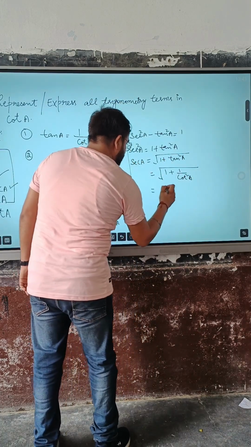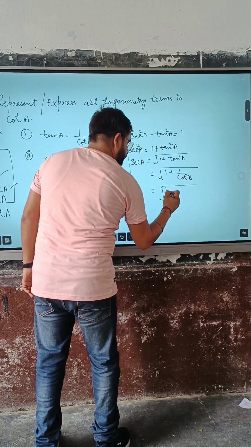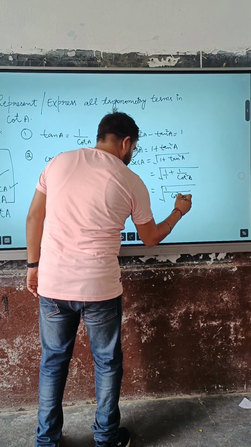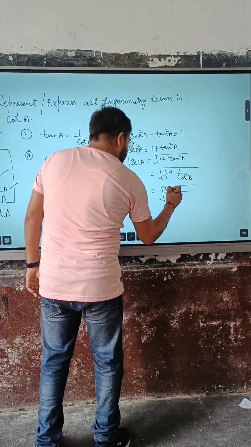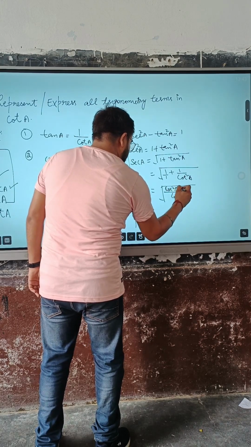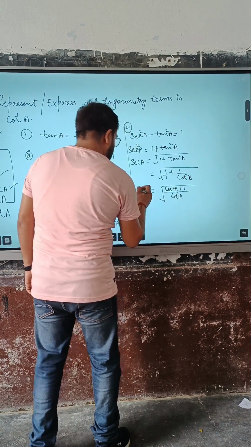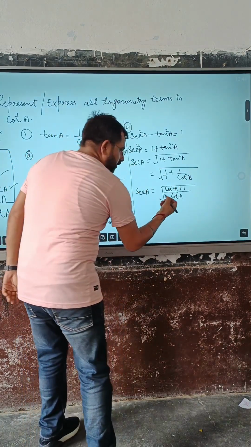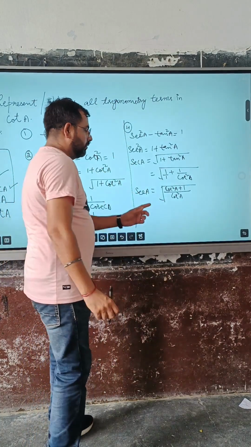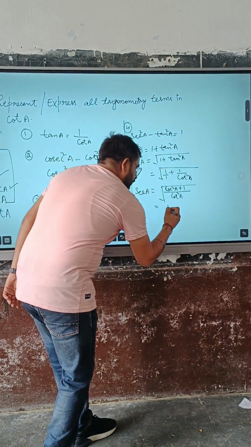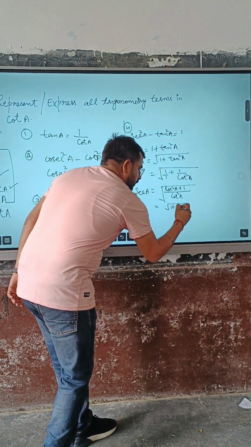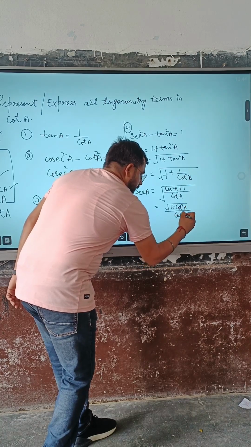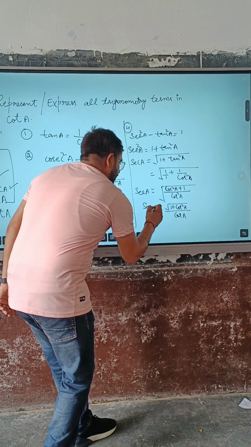After taking the LCM, cot square A plus 1 under the root over cot A is equal to secant A. So the expression is the square root of 1 plus cot square A over cot A. This is the value of secant A.